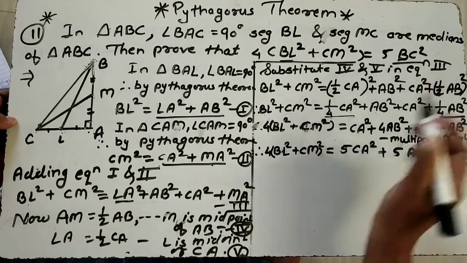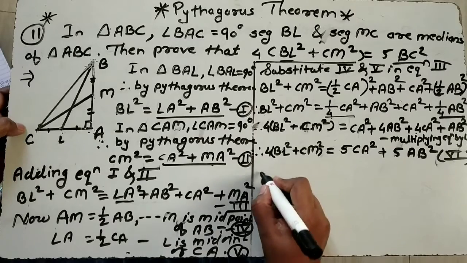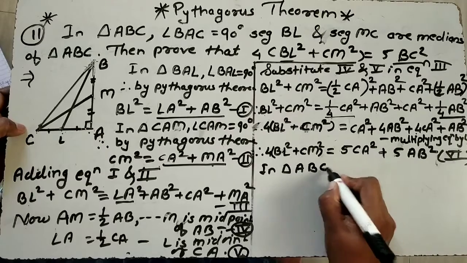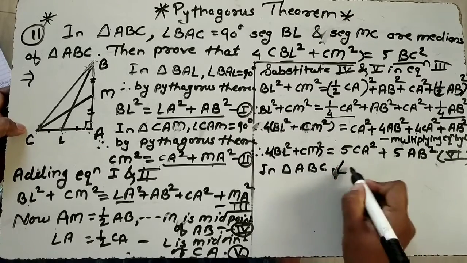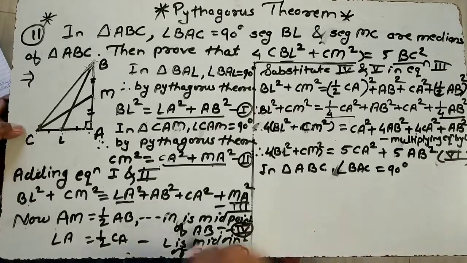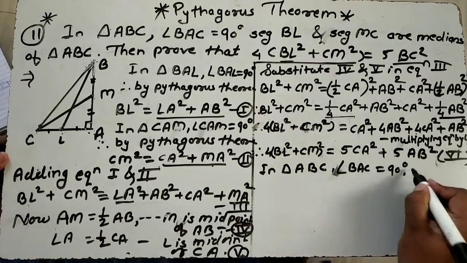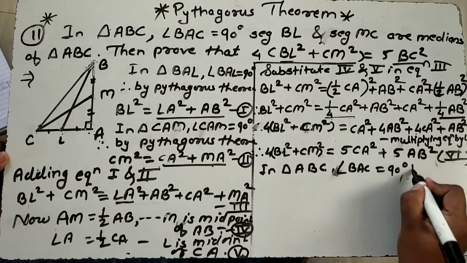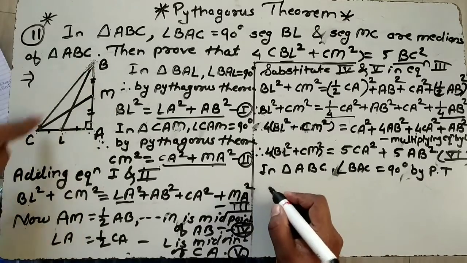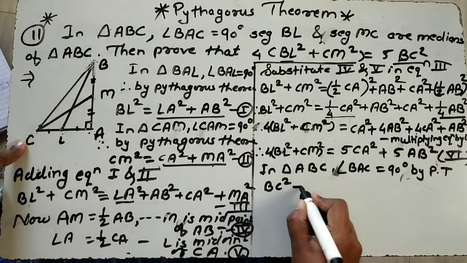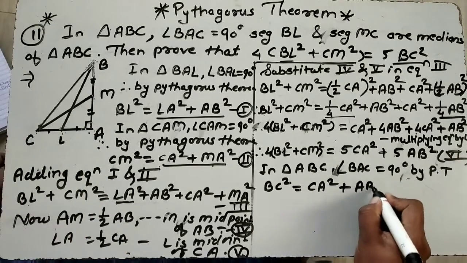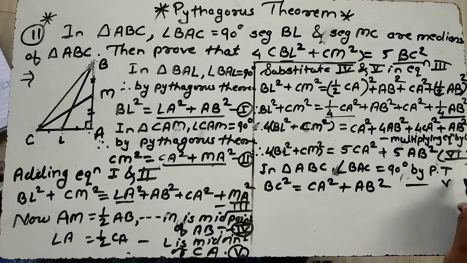In triangle ABC, measure of angle BAC is equal to 90 degrees, therefore by Pythagoras theorem, in triangle BAC we will get BC square is equal to CA square plus AB square. This is equation number 7.